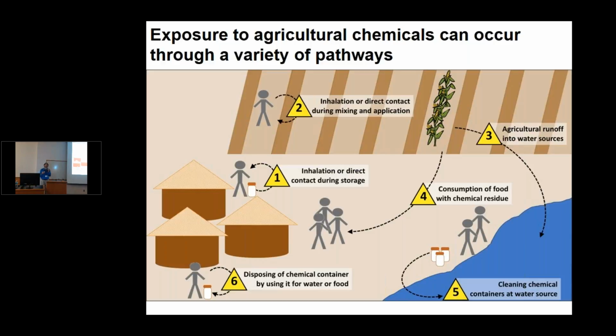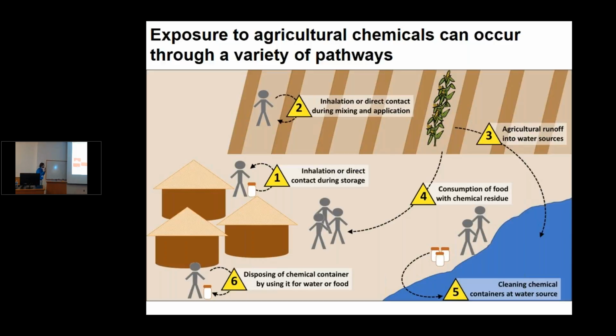Also through application on the fields, when the farmer's applying pesticides, they might inhale some of what they're spraying. They might, again, come into direct contact with it on their skin. Additional pathways include things like agricultural runoff, as has been touched on by some of the other presenters already.